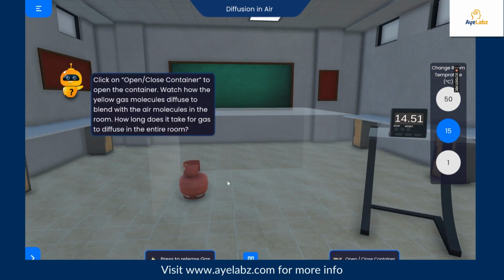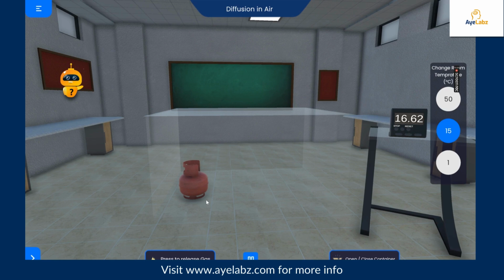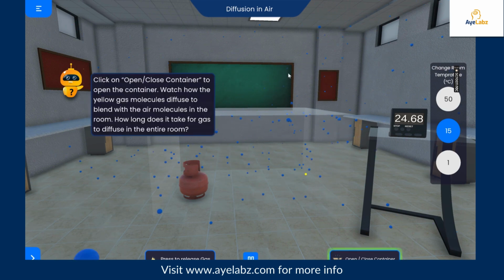You can clearly see that the gas molecules are shown over here. The blue ones are the surrounding molecules and the yellow ones are the gases which we have released.